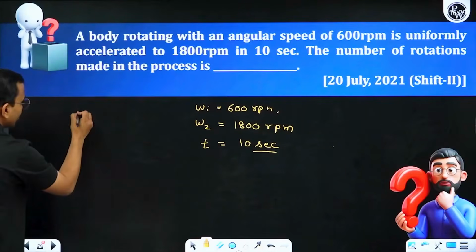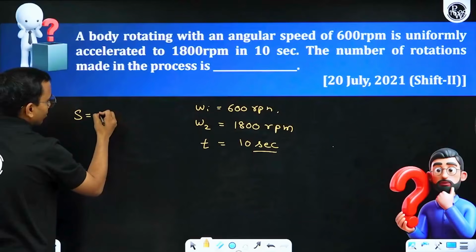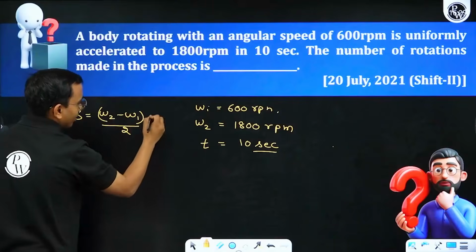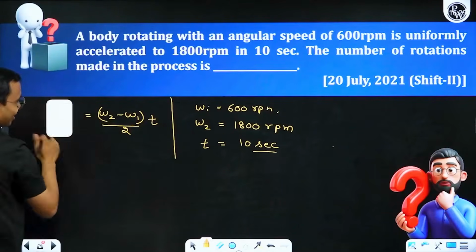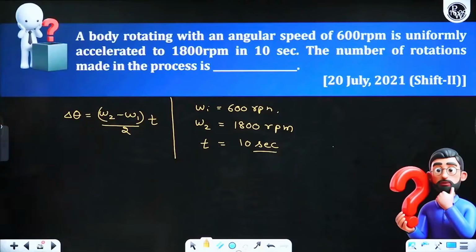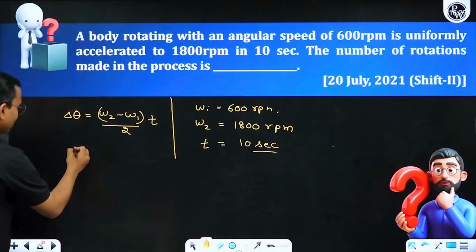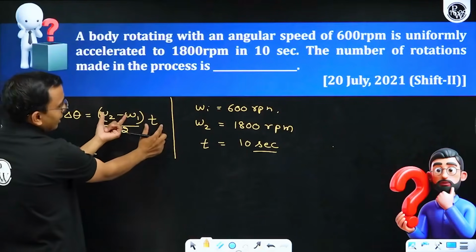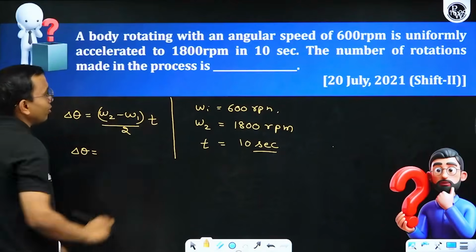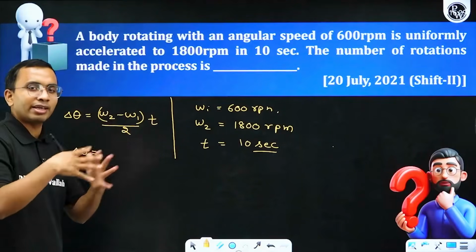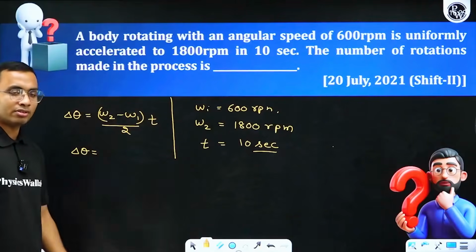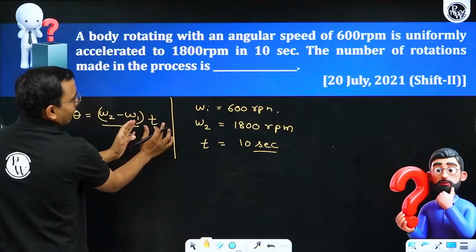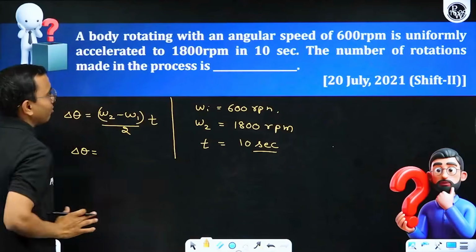So we know that S is equal to this, alpha is constant here. So S is equal to final plus initial divided by 2 into t. This is not S, this is my delta theta, angular displacement. Getting it? So angular displacement here is, this is revolutions per minute. If I multiply the time in minutes, I'll get revolutions directly. No need to convert that to radian per second and then again divide by 2 pi to find the revolutions. I'll put omega in revolutions per minute and multiply the time in minutes to get the number of revolutions.